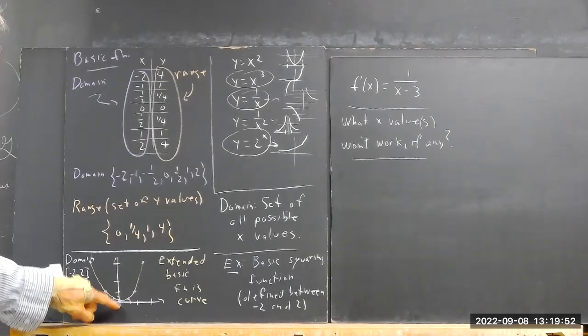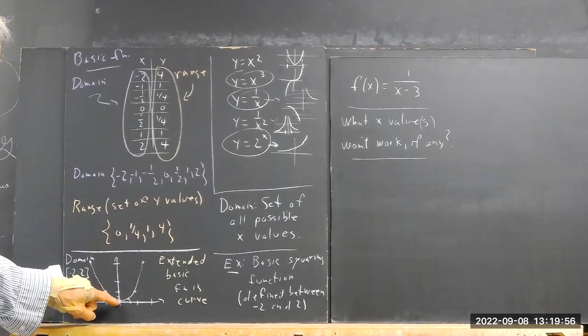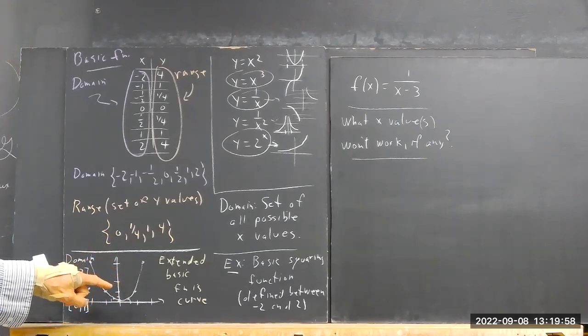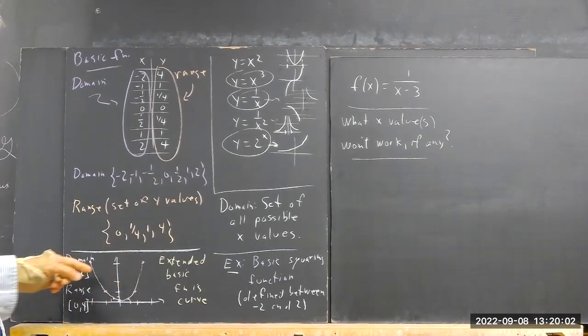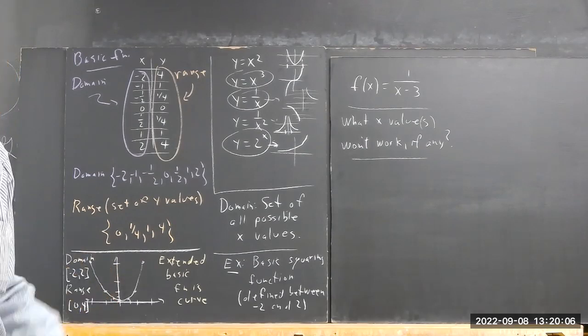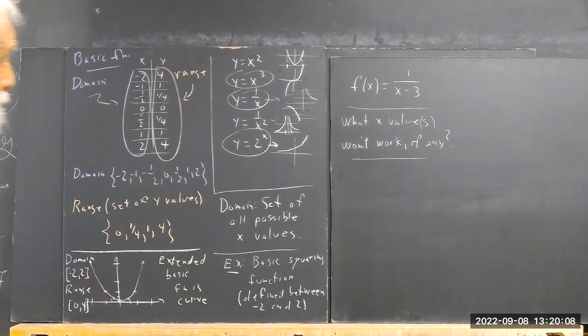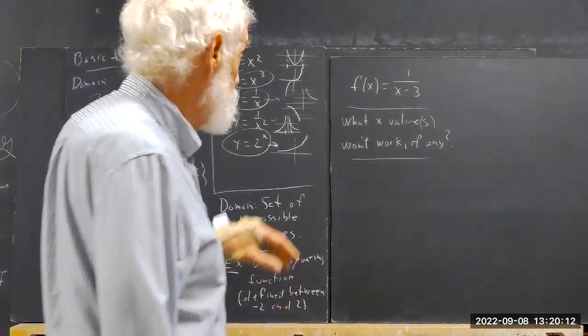The range would go from 0 to 4 because the range is the set of all y values. The y values go from 0 to 4. And if we take all the points here and find their y values, we get all the numbers from 0 to 4. There's nothing missing. Now, we talked about that in more detail last time, so review it if you need to.